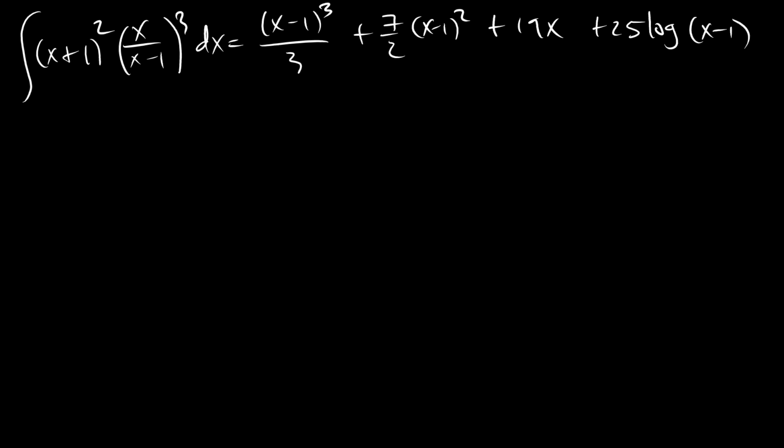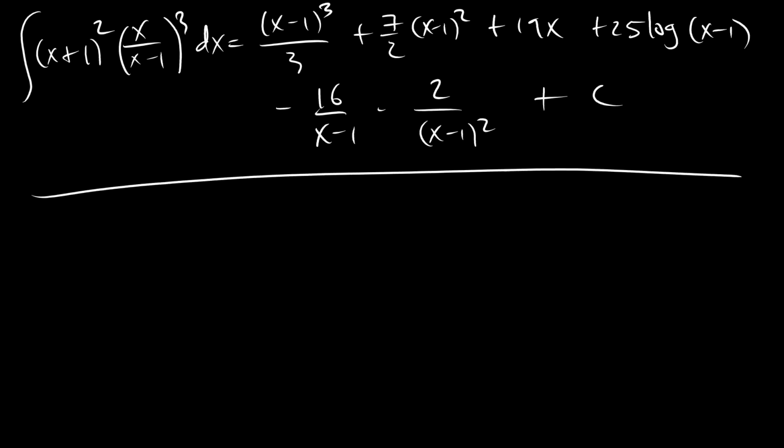Some people may put absolute value signs around that, but we'll just leave it like that. And then we have minus 2 over (x minus 1) squared plus the integration constant. And that, ladies and gentlemen, is our solution.